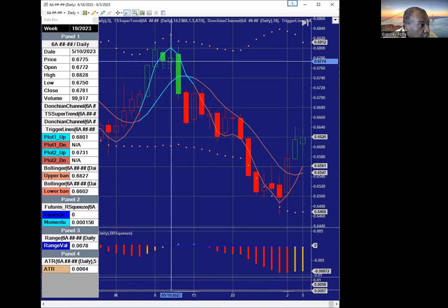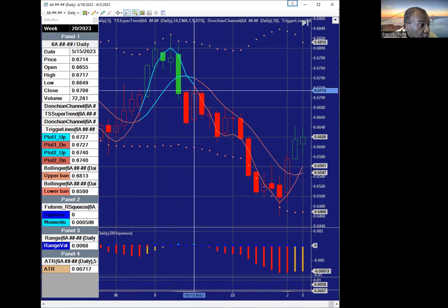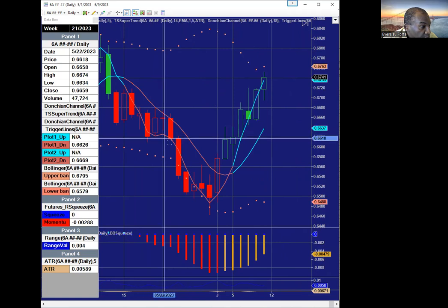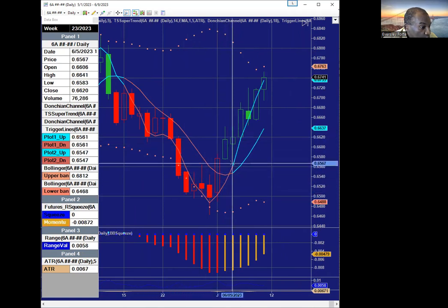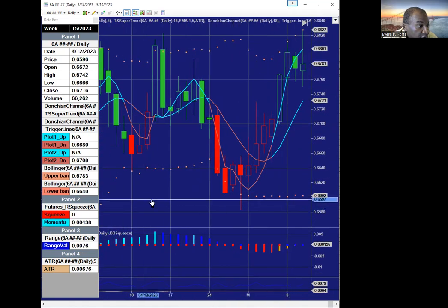So this line here is plot 1, and this line is plot 2. When plot 1 crosses below plot 2, we're in a bearish cross. And when plot 1 crosses above plot 2, we're in a bullish cross. That flow goes on continuously.